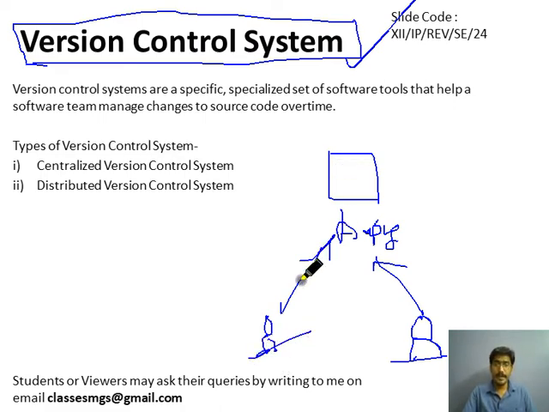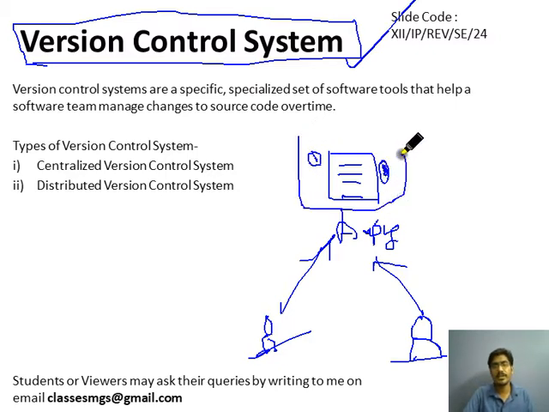So if I am writing in this particular software project file, that is a Python file, I write line number 1. At the same time, if this developer also writes line number 1, then there will be a conflict: the changes done by developer 1 are overridden by developer 2 if they are working on the same file at the same time.